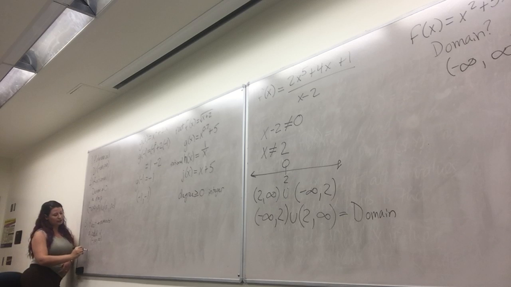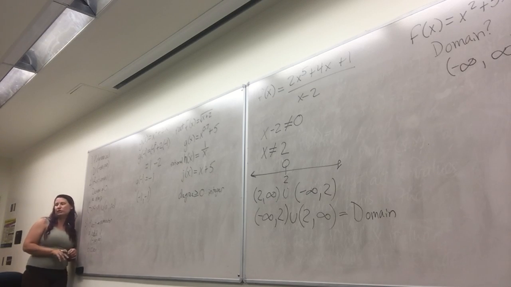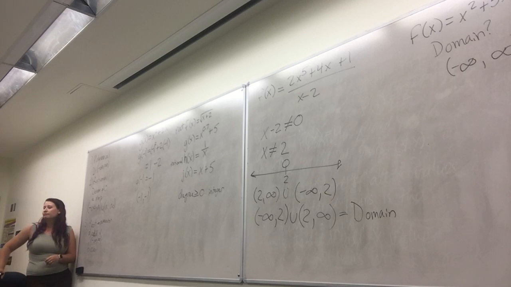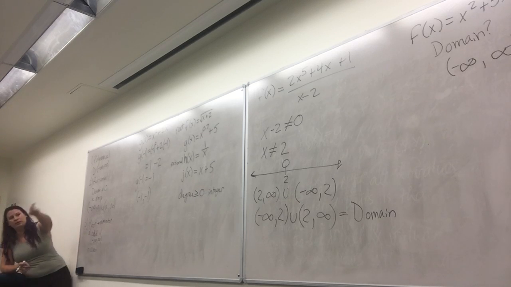Okay, then the other option would be if it's an even power, what do we do for this one? Not all real numbers for even power, but what do we do on that one? Greater than 0.